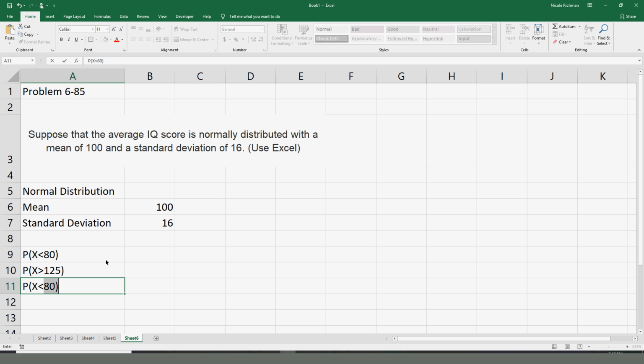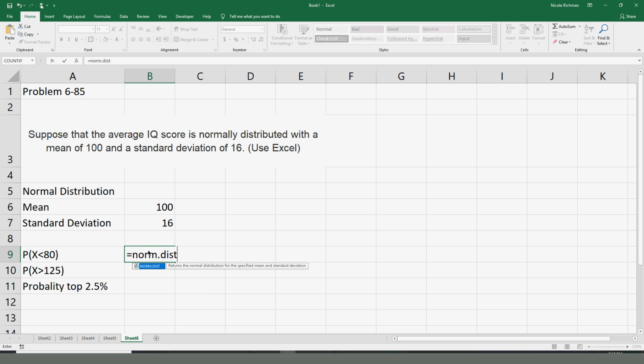My computer doesn't have the little sigma symbol, so we're just going to type that one out. 2.5%, because I can't put a sigma symbol.